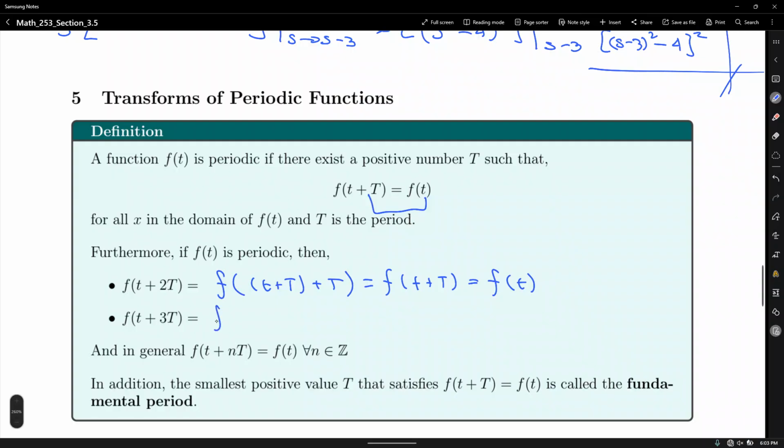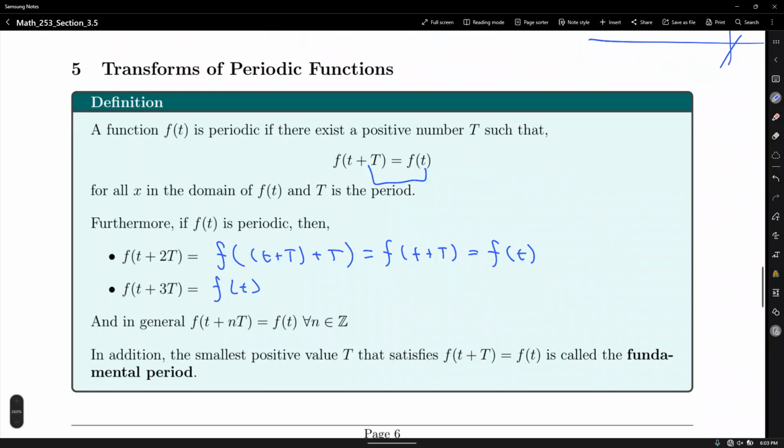And same, inductively, f of t plus 3T would be back to f of t. So in general, if we add n multiples of the period, that's the same as going back to the value of the original function for all n in the integers, all right? Not just any real number, just for integers.